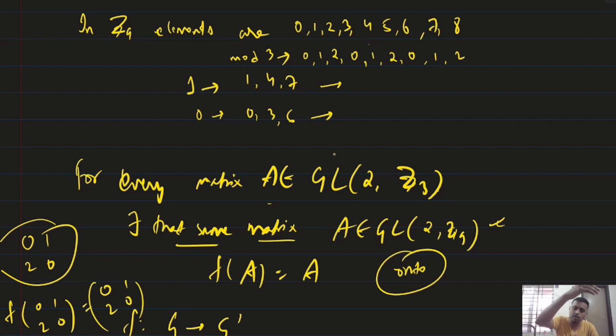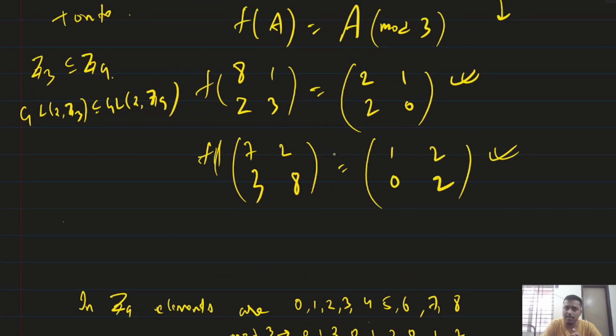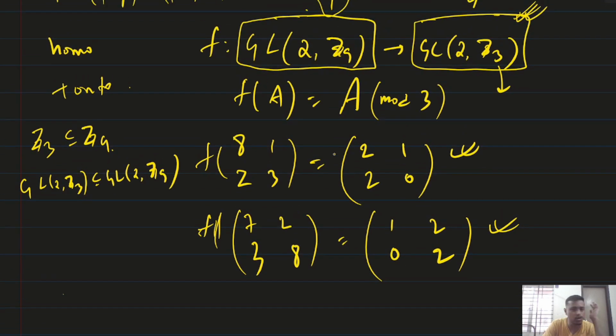We will get other matrices also, but what we need is only that for every element in the codomain we have one pre-image. So I just told you that the existence of that matrix, that same matrix, will be the pre-image. Okay. So the homomorphism that we have defined is an onto homomorphism.